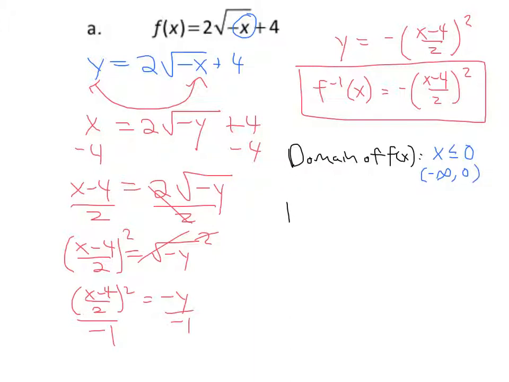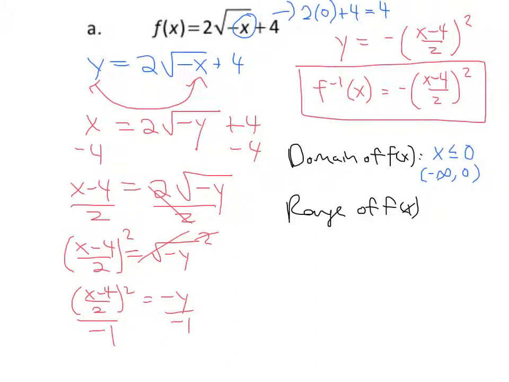Then the range of f of x are all the possible y values that we might get. The smallest this radical could ever be is if I plug in 0. If we plug in 0, we get 2 times the square root of 0 plus 4, which equals 4. So the smallest y value I would ever get for this function is 4.